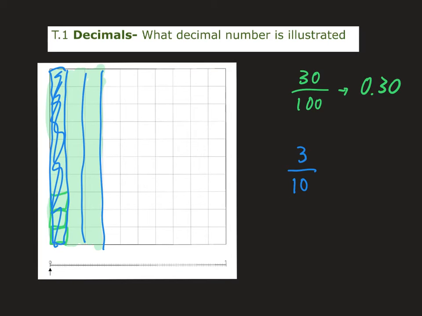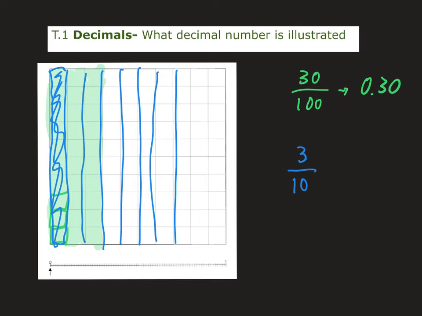If I had 10 different sections, following the lines, I shaded in 3 out of those 10. I can write this as 3/10. These are the same. Here's the fraction, here's the decimal.